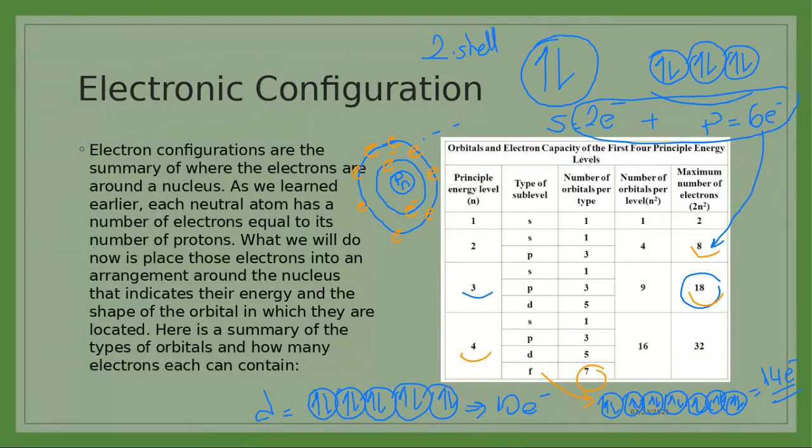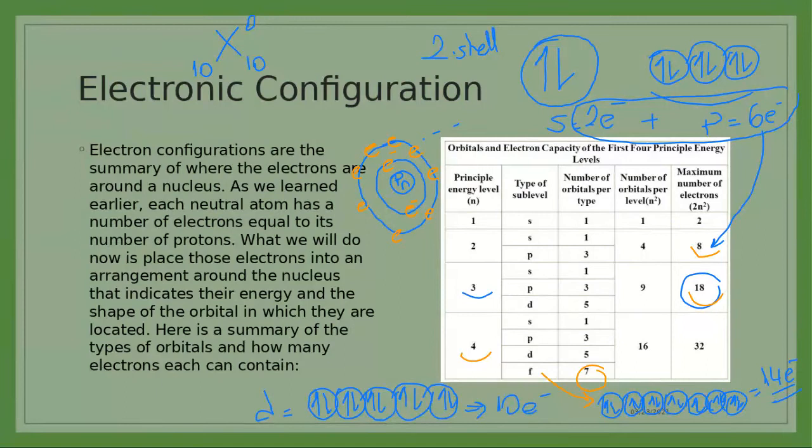And don't forget that each neutral atom has a number of electrons equal to its number of protons. What is that? For example, look here. This is our element, and its proton number is 10. If the element's charge is 0, that means the proton number equals its electron number.